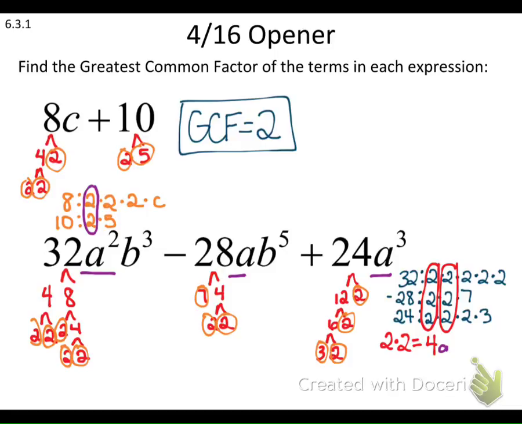We have b to the third, b to the fifth, and we have no b. So what is the smallest number of b's that each of these have? Not b to the third, 0, because this one does not have a b. So they don't all have a b in common, and we don't have to put a b for our answer. So our greatest common factor is going to be 4a.